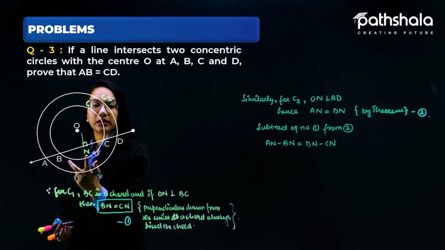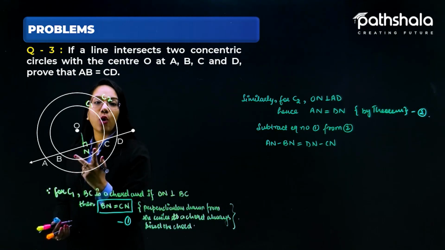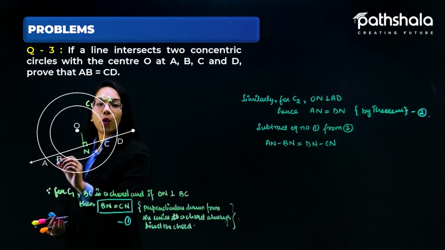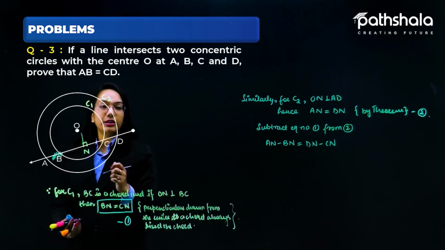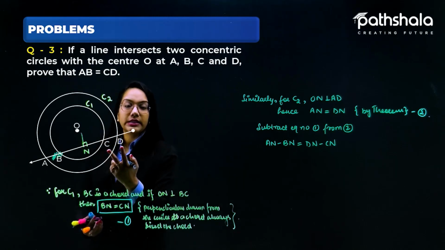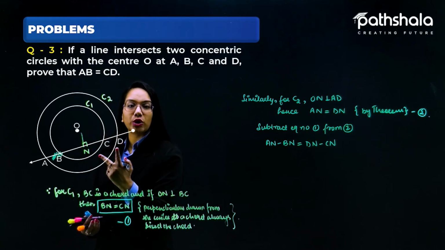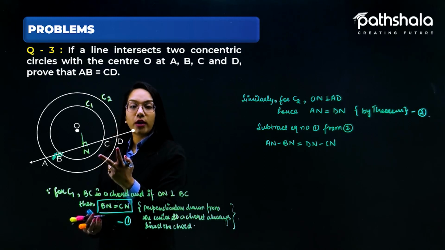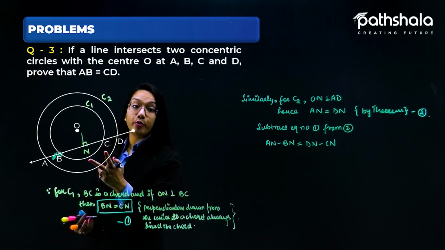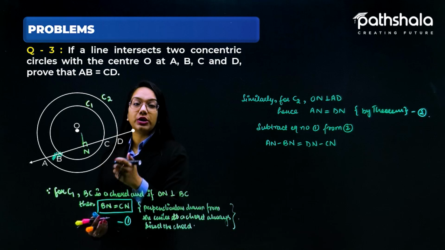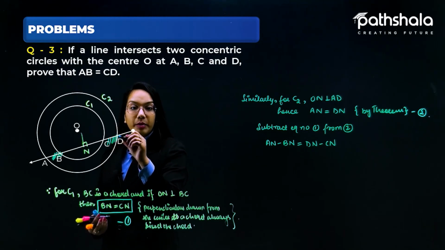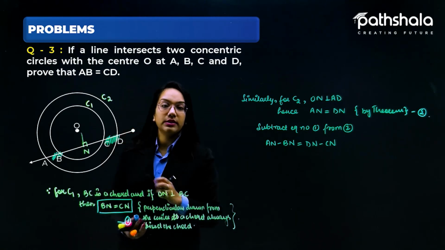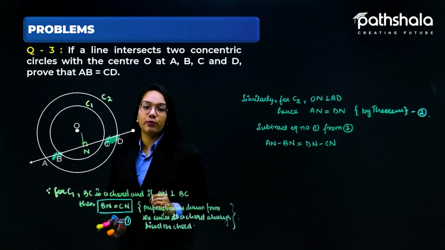If I subtract this length from the whole length AN, the only portion that would be left out is this portion. And similarly, if I subtract the CN portion from the total DN portion, then this length would be left only.